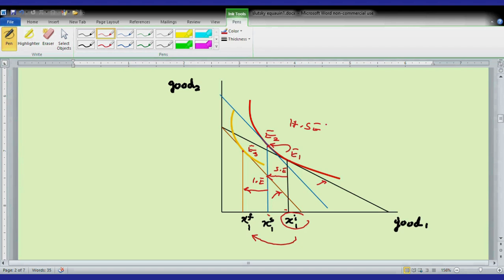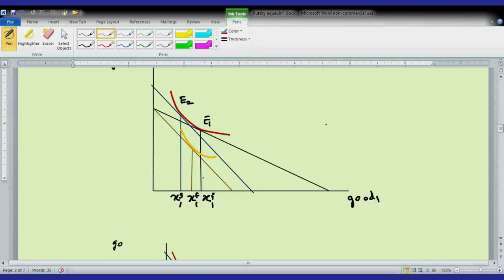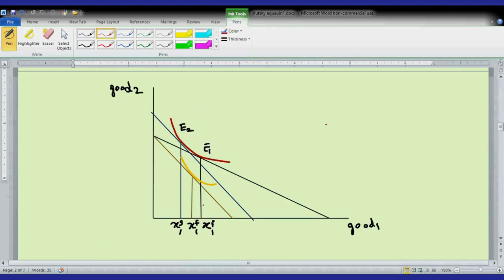Now, having these things in mind, let's look into this second graph, where we again have the initial budget constraint in black, and this budget constraint is tangent to one of the indifference curves at point E1, with respect to which we see that the household consumes x1i units of good 1. Then the price of good 1 increases so that the budget constraint becomes steeper with the same vertical intercept and the horizontal intercept changing.